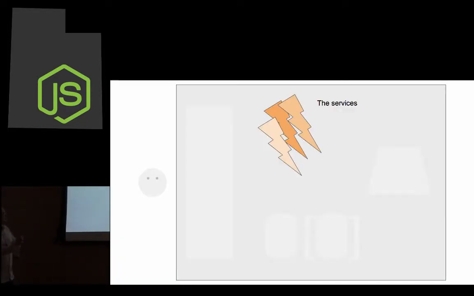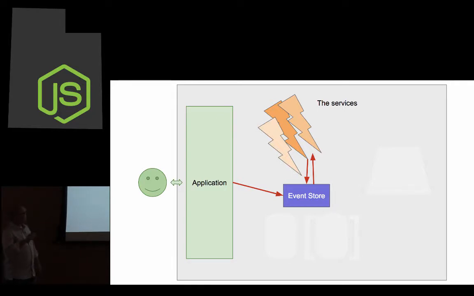So this next bit here is just kind of the general layout of what a system like this looks like. There will be services in a microservices system, hence the name. They are doers of things, not representations of things. There will be some sort of an application layer that handles HTTP requests, talks to the user. It can issue commands and events to an event store. Services pick those up and respond accordingly.